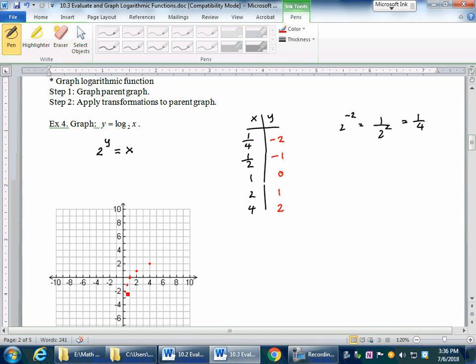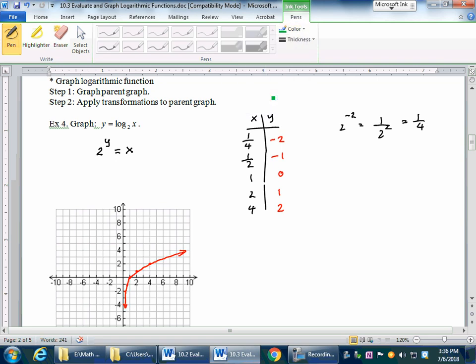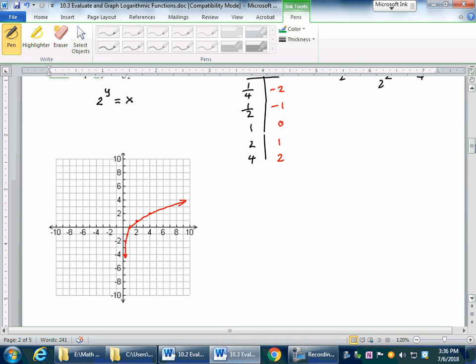So as before, on the right side, the graph continues extending. And on the left-hand side, it continues going down, but it never passes through the y-axis. Therefore, we will have a vertical asymptote in this case.